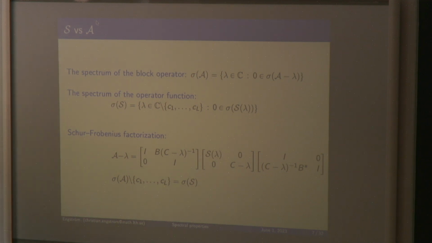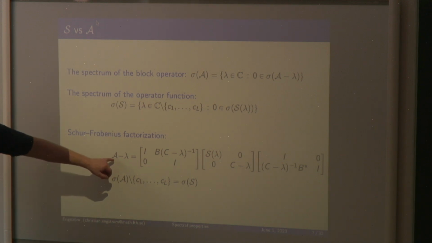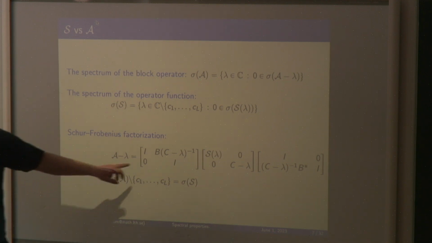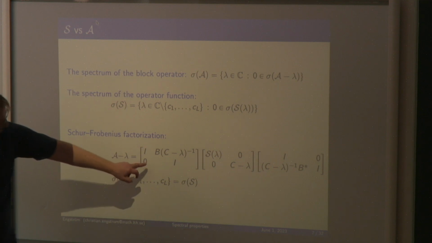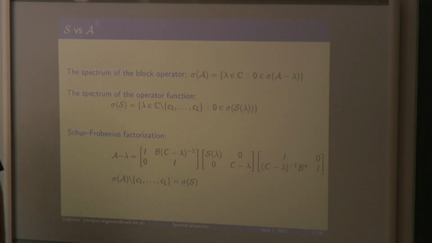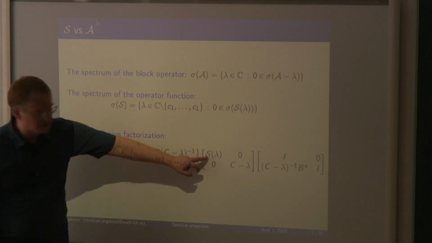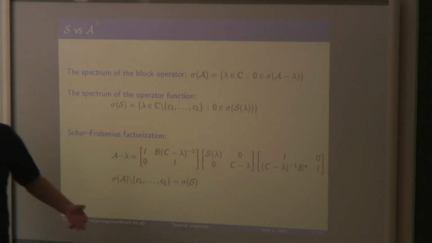definition of spectrum. Okay, so what about the connection between the two? What we have here is a Schur-Frobenius factorization of this block operator matrix A minus lambda, and then you have this product with three terms, where the first and the last one are invertible. So if A minus lambda is invertible, that means that S is invertible and C minus lambda is invertible.